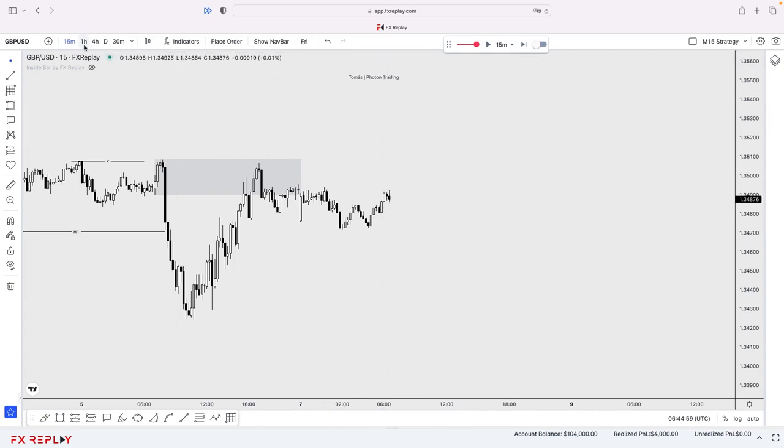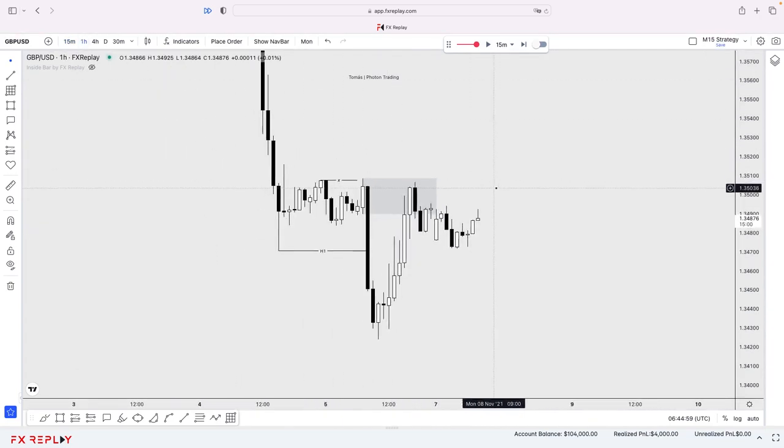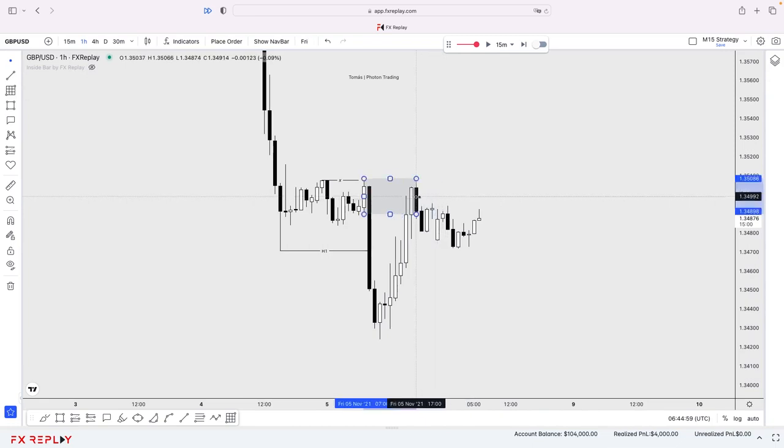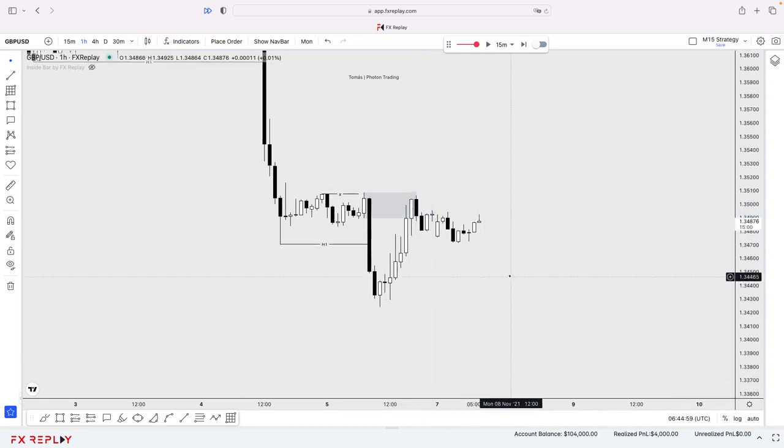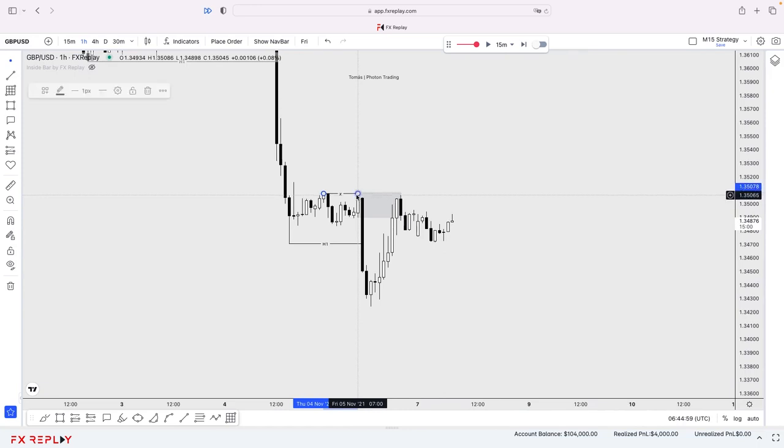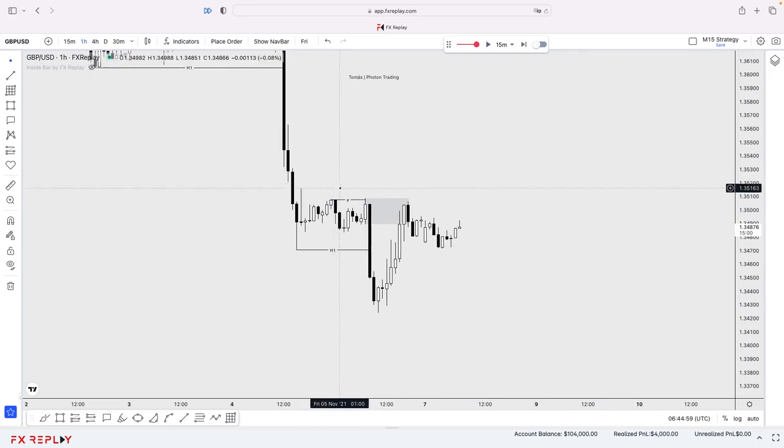Okay, London. What happened here? It's interesting, because this will happen a lot of the times. I have this POI, we have this leg on H1, and you know that this is a high probability POI within the leg.